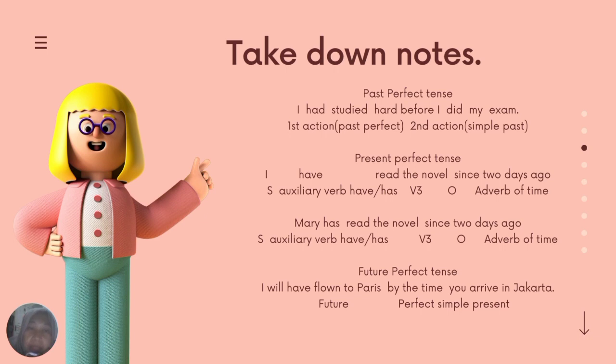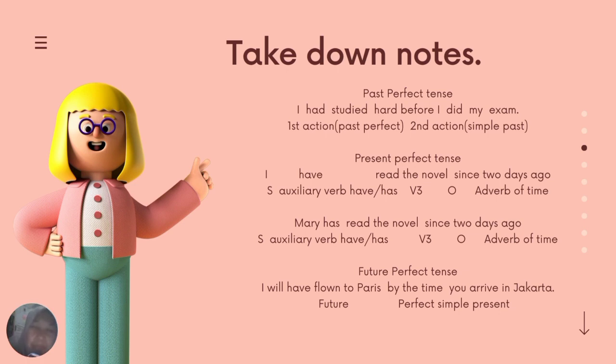And the second action written in simple past started from the word I: I did my exam. So, in this sentence, there are two small sentences. There is past perfect and simple past, and it is combined with the conjunction before. Okay, do you understand? That's good.